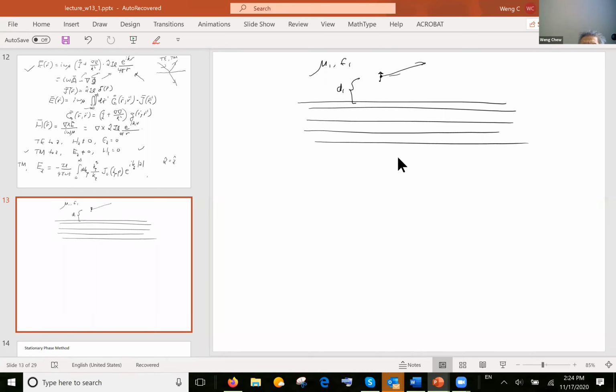So this was expanded in terms of spherical wave, which in turn can be expanded in terms of plane wave. And I just have to figure out how to find the reflection of this plane wave as it bounces off this medium. So I can write down the solution in region 1 without the reflection. It would be something like this.